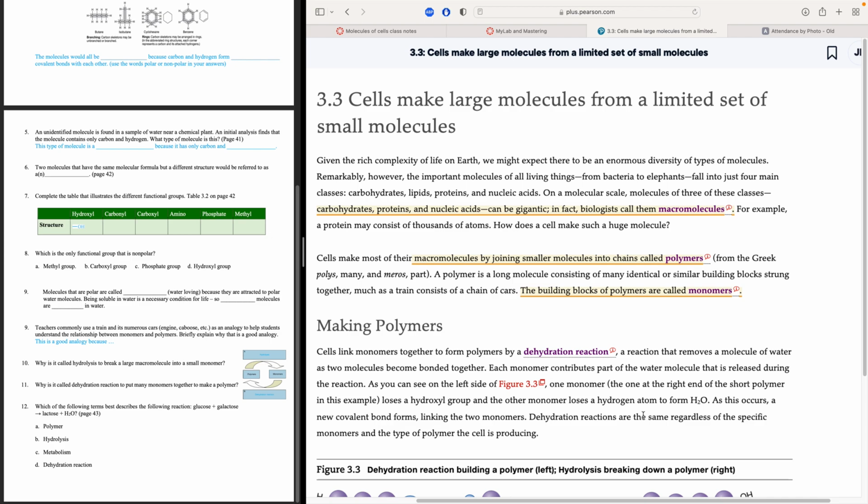You got to have those in your vocabulary. If you're going on a hike on a hot day and you didn't bring water, you're going to get dehydrated. Does that mean that you're losing water or you're gaining water? Yeah, right. Dehydrate means that you take water out of your body. So if you're taking water out of a molecule, it's called dehydration.